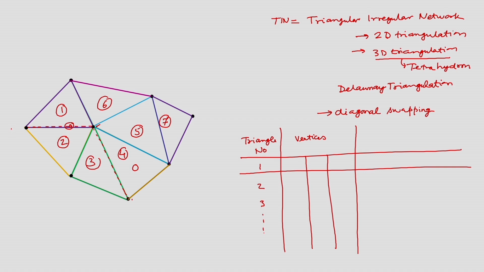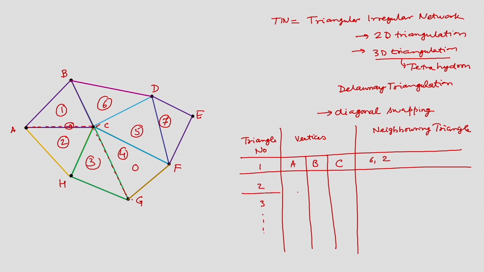So, let us call these vertices A, B, C, D, E, F, G, H. So, we have numbered all the vertices by A, B, C, D. For triangle number 1, I can see here that A, B and C are the 3 vertices. And what about the neighboring triangles? So, neighboring triangles are triangle number 6 and 2.